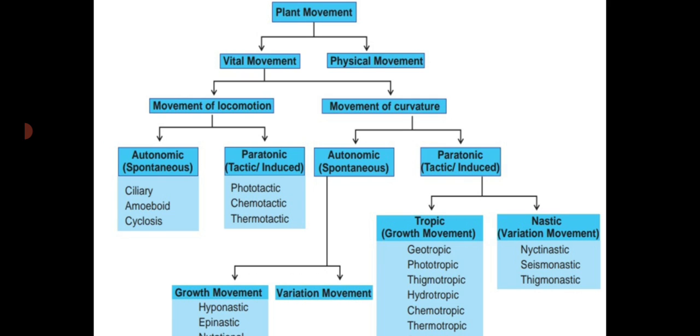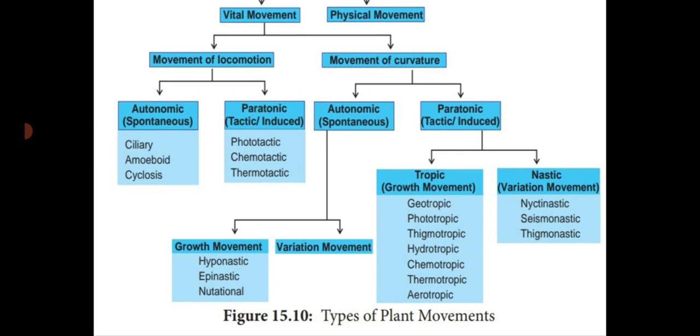Autonomic is again divided into growth movement and variation movement. Growth movements are divided into hyponastic, epinastic and nutational. The paratonic movement of curvature is divided again into two, tropic growth movement and nastic variation movements.